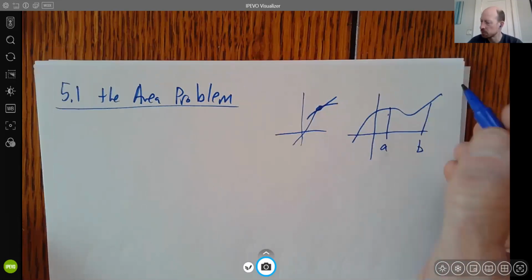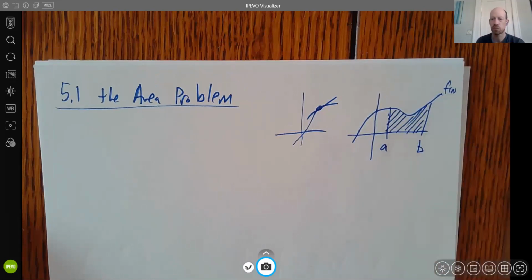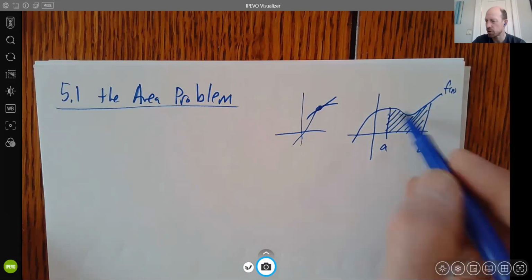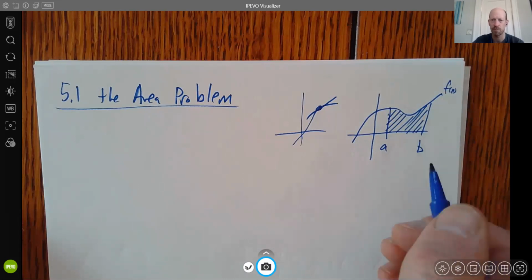We're given some function and we'd like to find the area between A and B. Now, in a very small number of circumstances, you can find the area if it was like a semicircle or a rectangular shape or maybe some sort of triangle, you could find the area, right? But if you have some curve like this, we have no geometric formulas or tools to find that area.